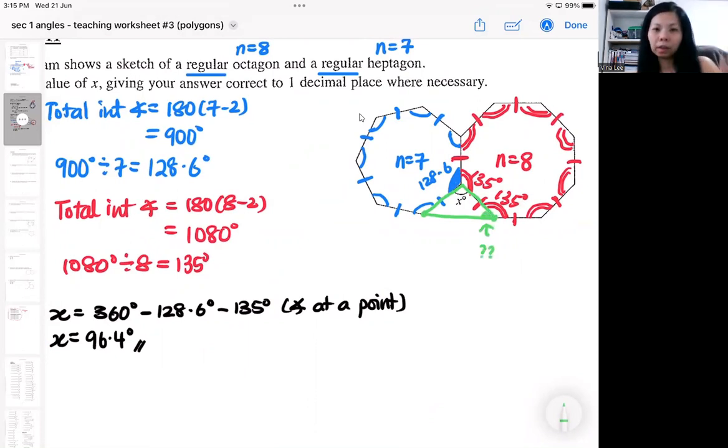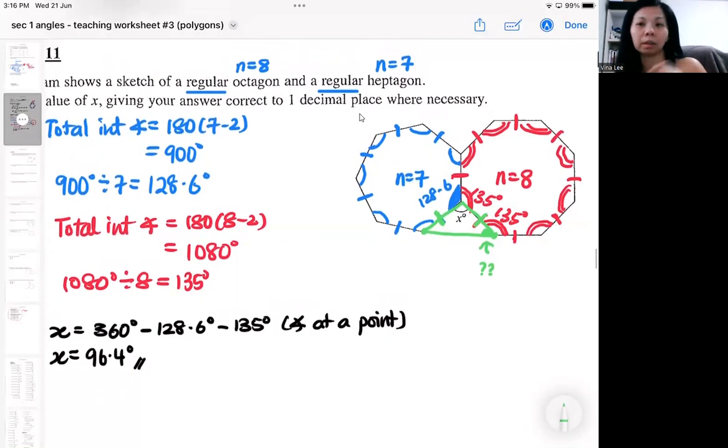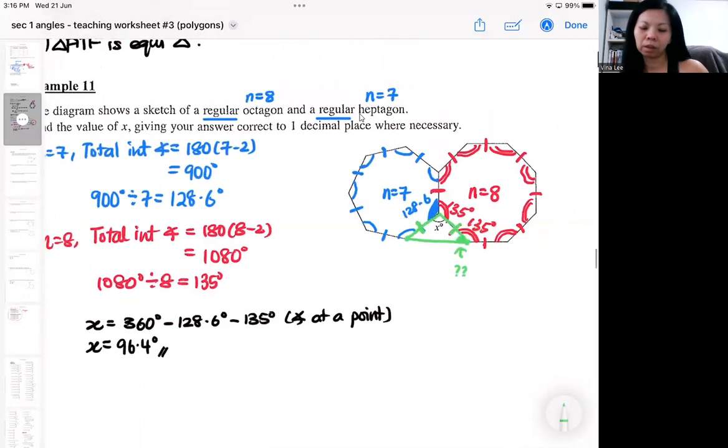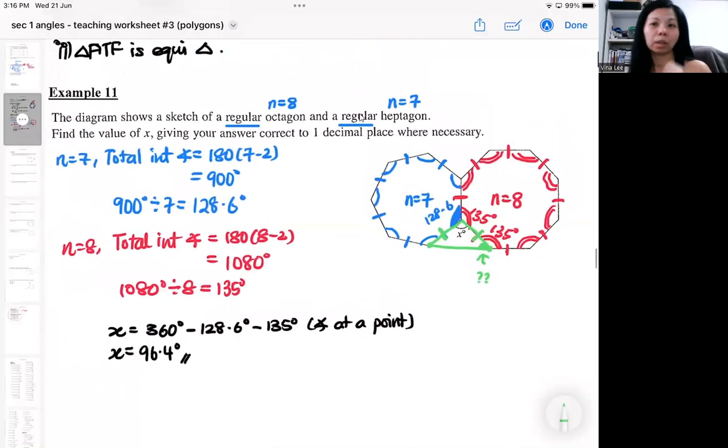So if you're asked for this angle, you need to realize that this is an isosceles triangle. And if you do not do an indication for the regular octagon or the regular heptagon, that means you don't do the dash, dash, dash. So you don't dash it to show same length. You actually cannot realize that that is an isosceles triangle. So that's one of the more tricky questions sometimes.